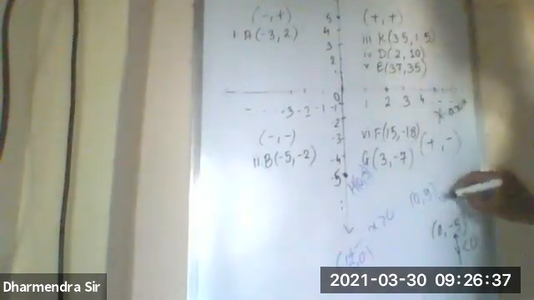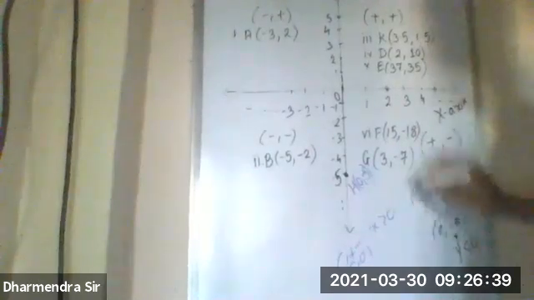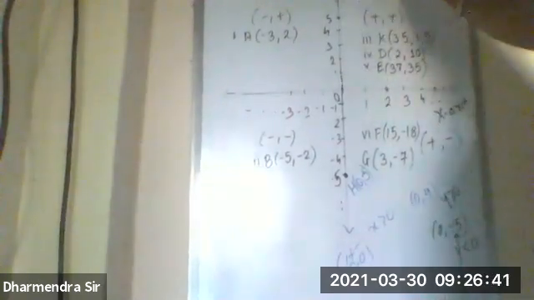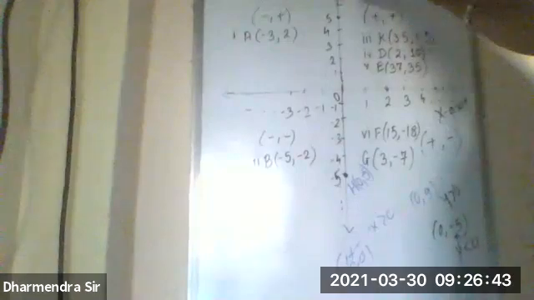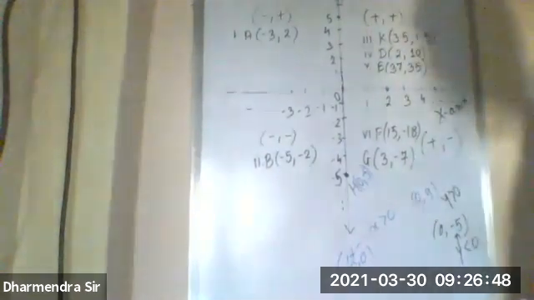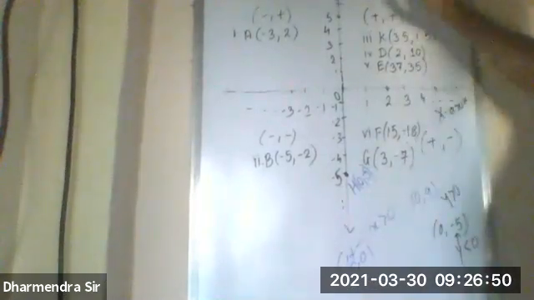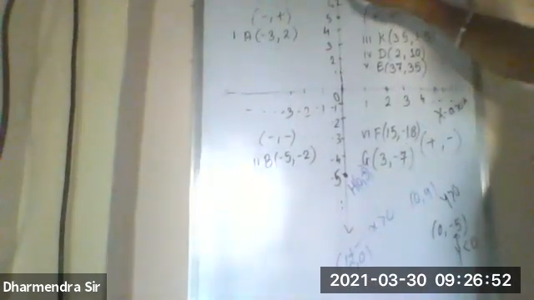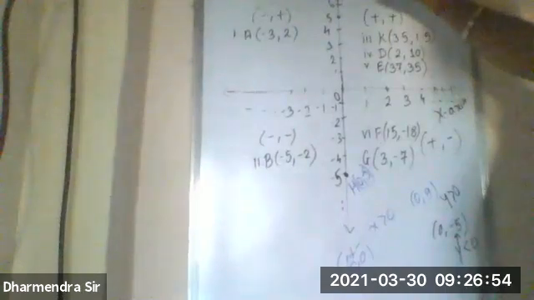So here y is greater than 0 with x-coordinate 0, so it lies on the y-axis. 6, 7, 8, 9. Here, say this point with (0, 9), its name is N. So N is the point (0, 9).